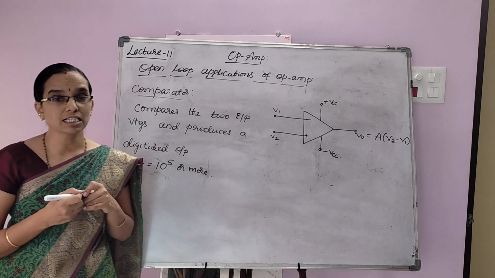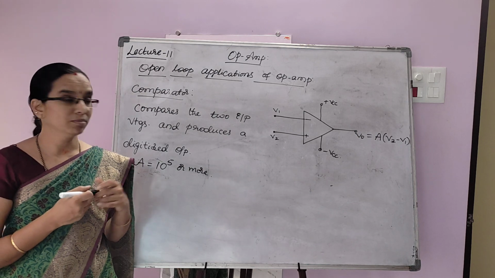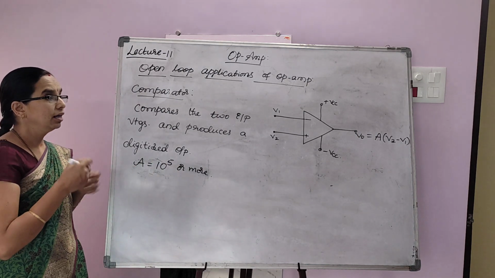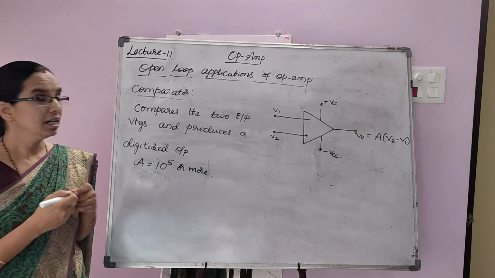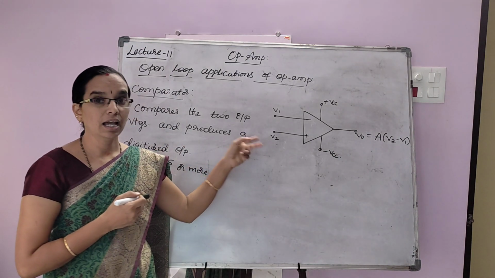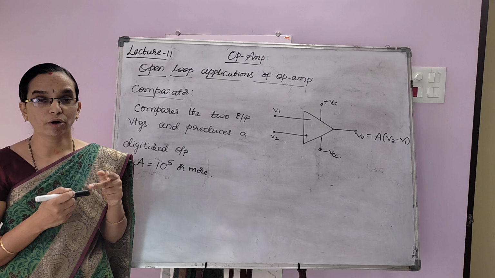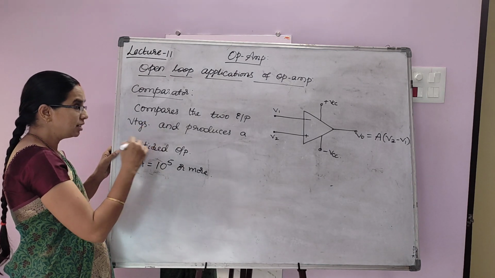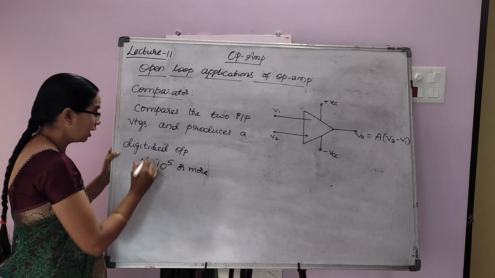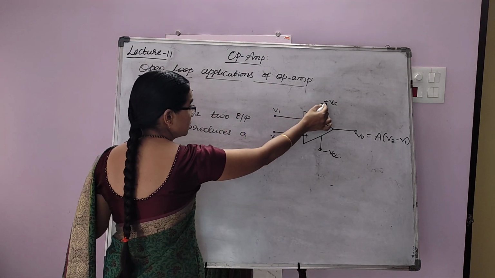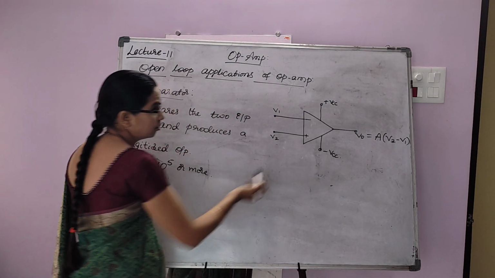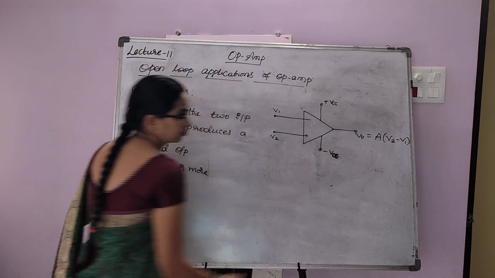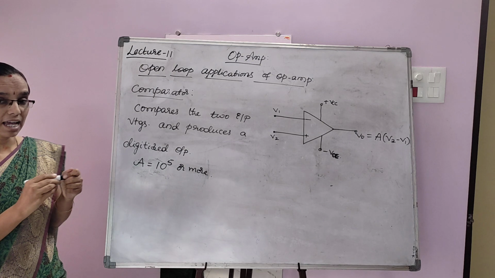Practically it is impossible to have infinite gain. So the comparator compares the two inputs and tells us which is greater. The output will stay at either plus VCC or minus VEE. That means it will saturate.